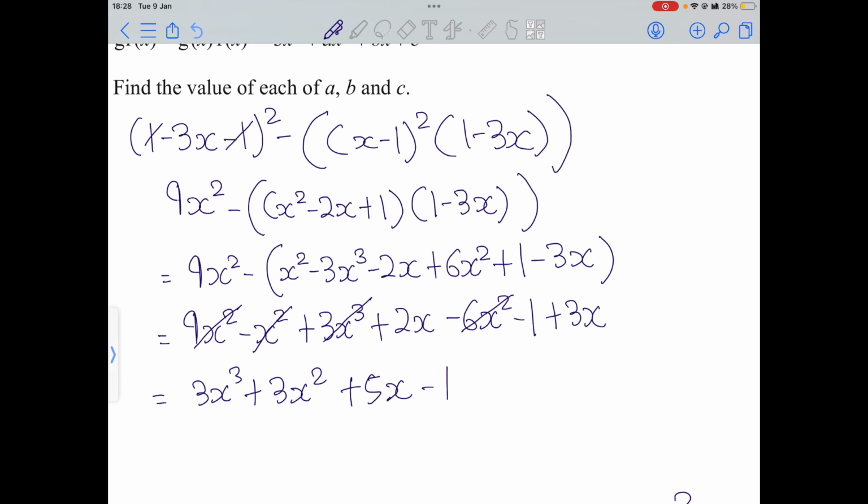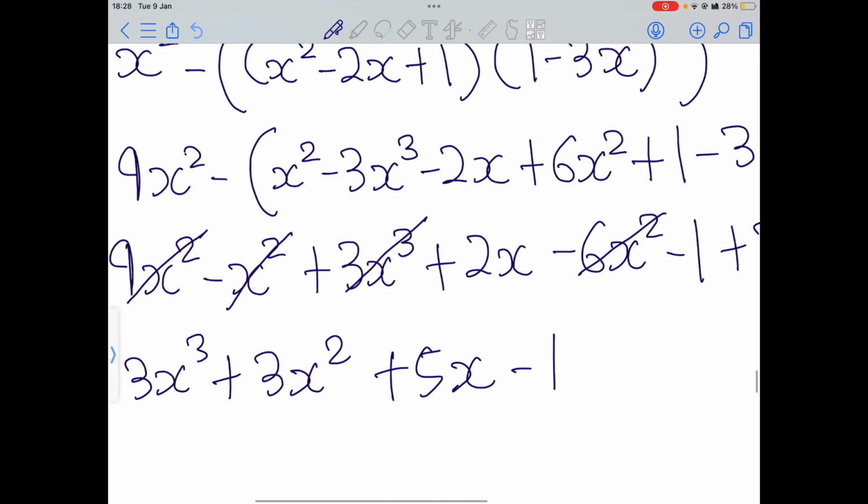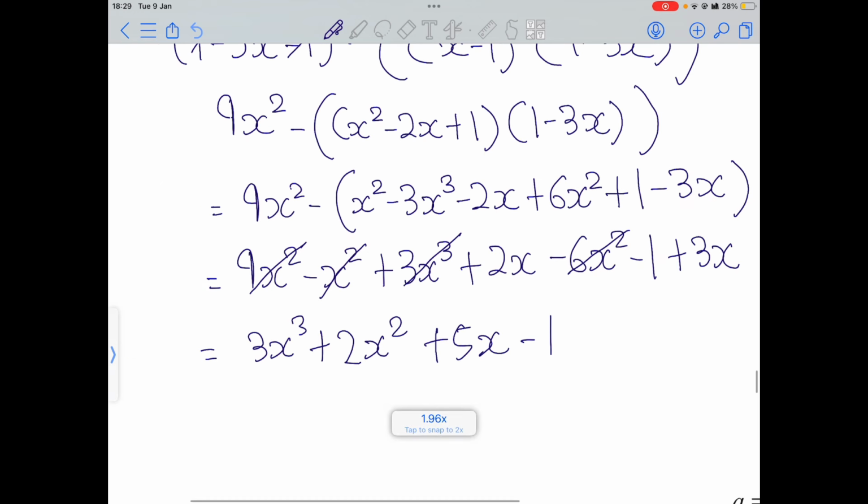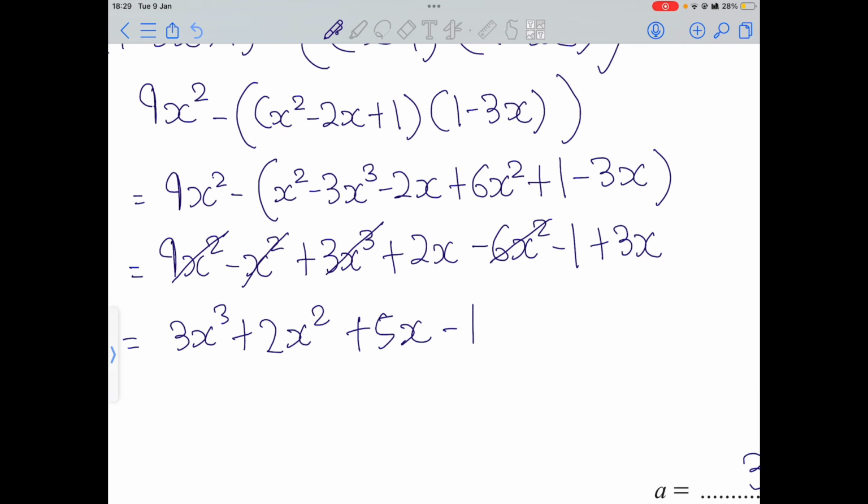That gives me 3x cubed plus 3x squared plus 5x. Yeah, because 9x squared minus 6x squared is 3x squared. 3x squared minus x squared is basically 2x squared. Now this is where I've made an error. I'm so sorry for that. Plus 5x minus 1. And now I have checked my answer. I'm probably going to get it right.